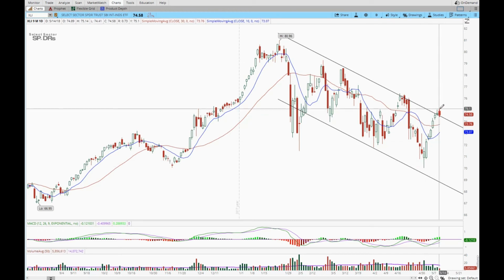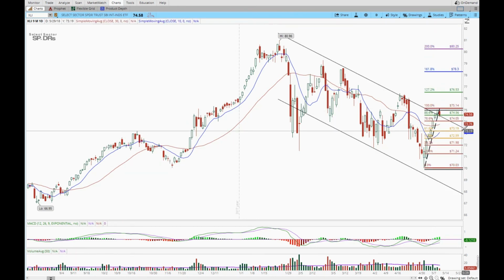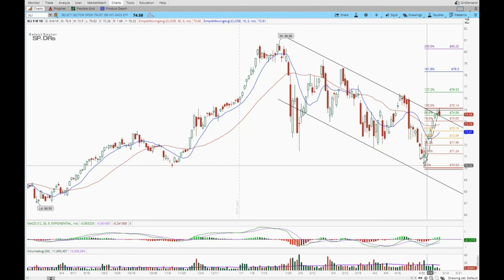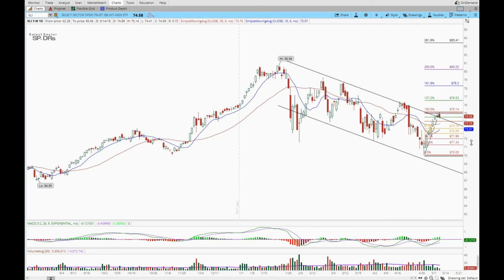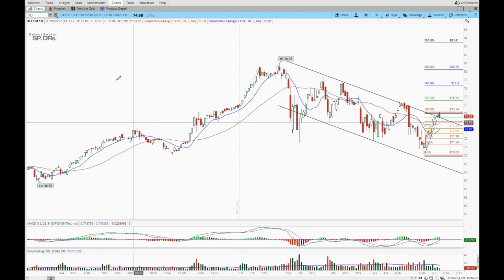Since it came back, we can do a little bit of play here with this fib, and then see if it's going to break this resistance at 75.14 to move to 76.53.